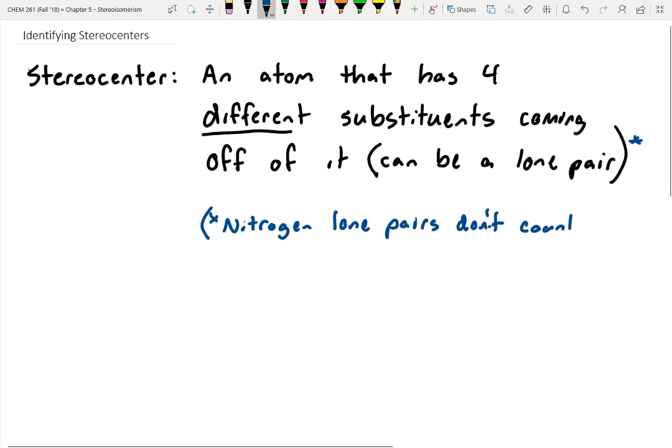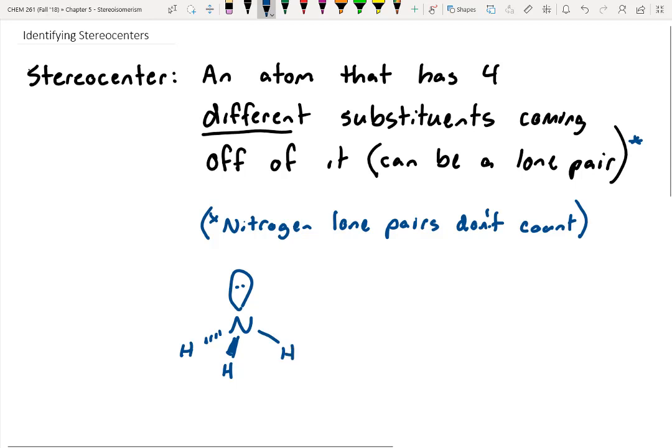Does anybody know why nitrogen lone pairs don't count? It's a bit weird. So think about ammonia, right? Ammonia is NH3. And you've got this lone pair sticking up like this.